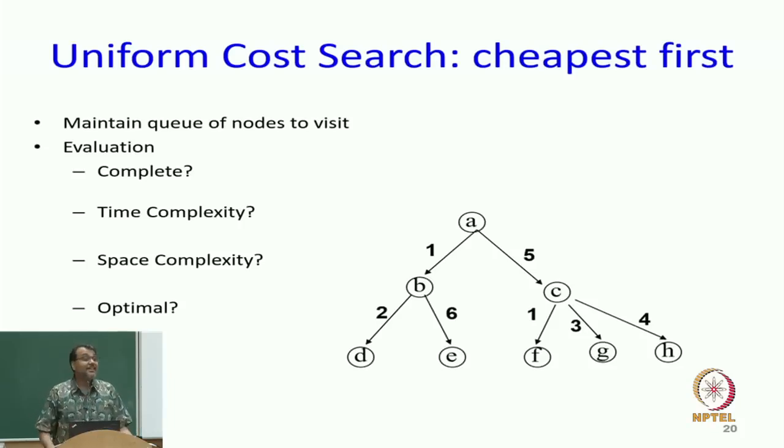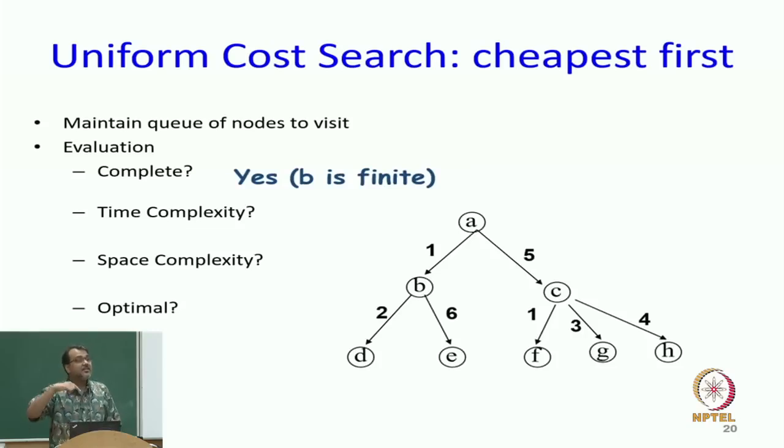Is this complete? Okay, this is a tricky question. The costs are integers. Okay, so yes and no. The only thing you need to ensure is that costs are not 0, because if the costs are 0, then I may keep adding infinitely many 0 cost edges and then I may get non-completeness.